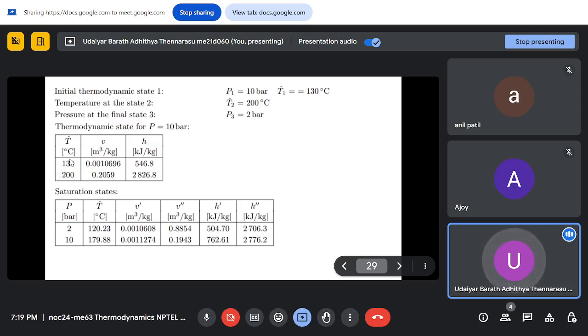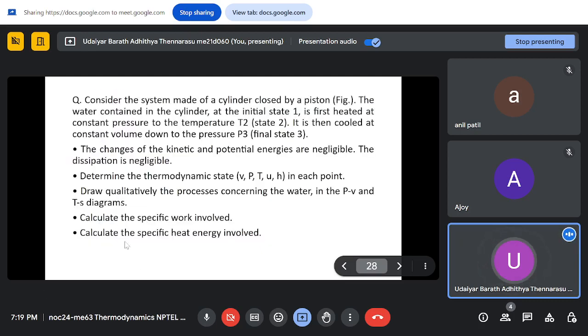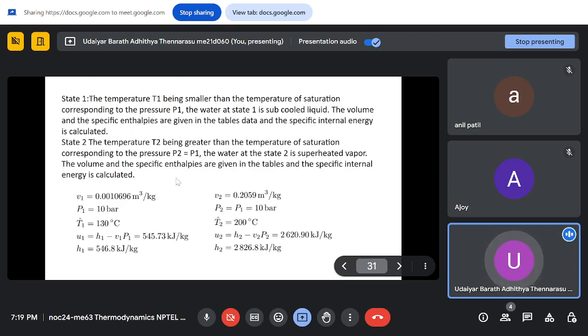At 130 degrees Celsius and 200 degrees Celsius, your specific volume and enthalpy are given, and saturation state again for 2 bar and 10 bar is given. So you need to find out all the thermodynamic states at each point, and the specific work and heat energy involved, and we have to plot the process.